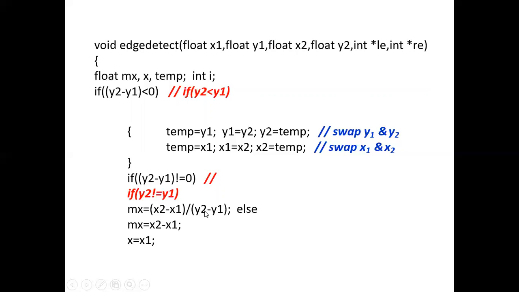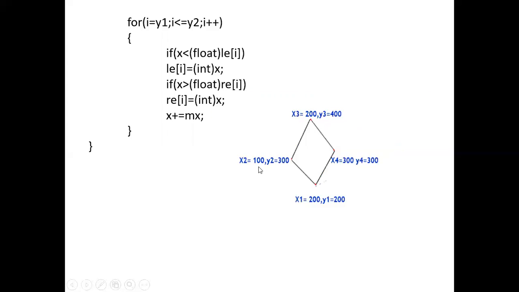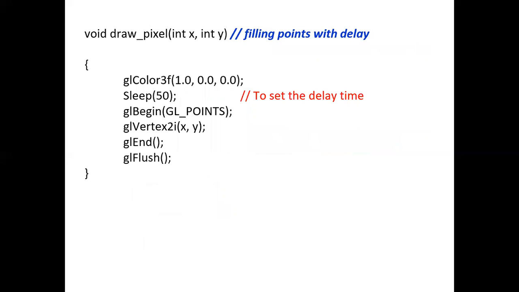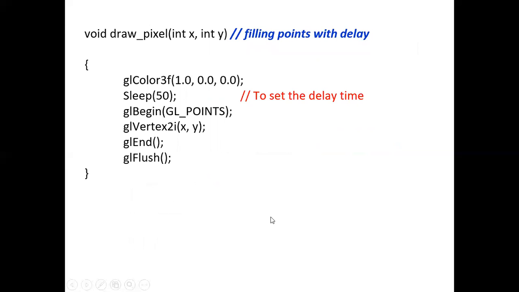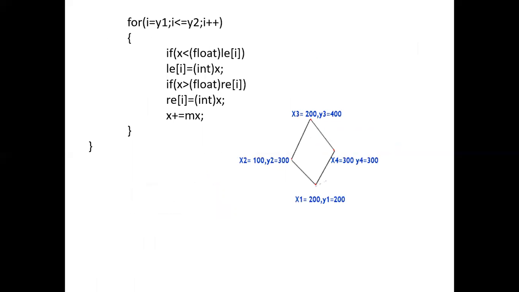So x2 minus x1 is 100 minus 200, divided by y2 minus y1, which is 300 minus 200. 100 minus 200, I get minus 100. 300 minus 200, I get 100. So minus 100 divided by 100, I get minus 1.